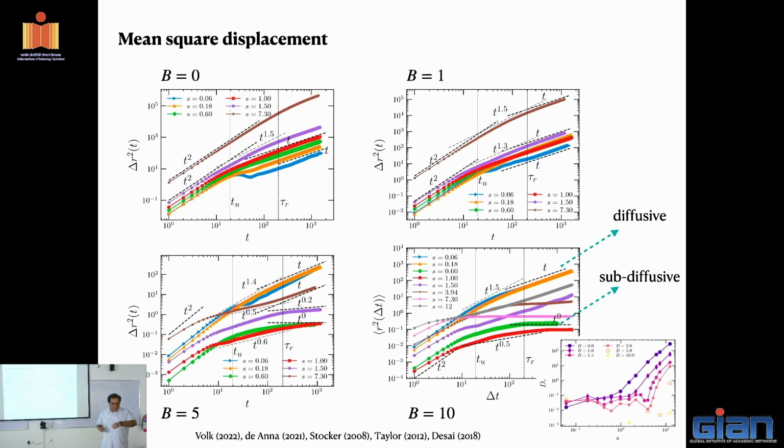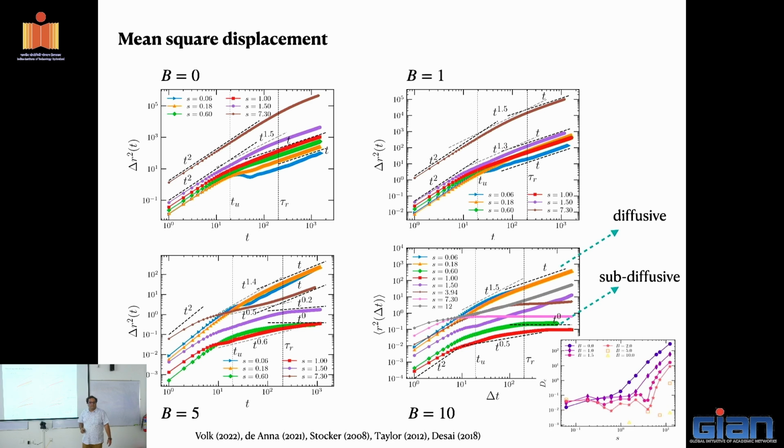Now you can also compute very quickly the mean square displacement, and you will see its dependence on the chemotactic strength and the swimming number. You would observe at small scale they are ballistic, but I'm really interested in the long time scale. So there are cases, for example, let us look at the green one, S equals 0.6.